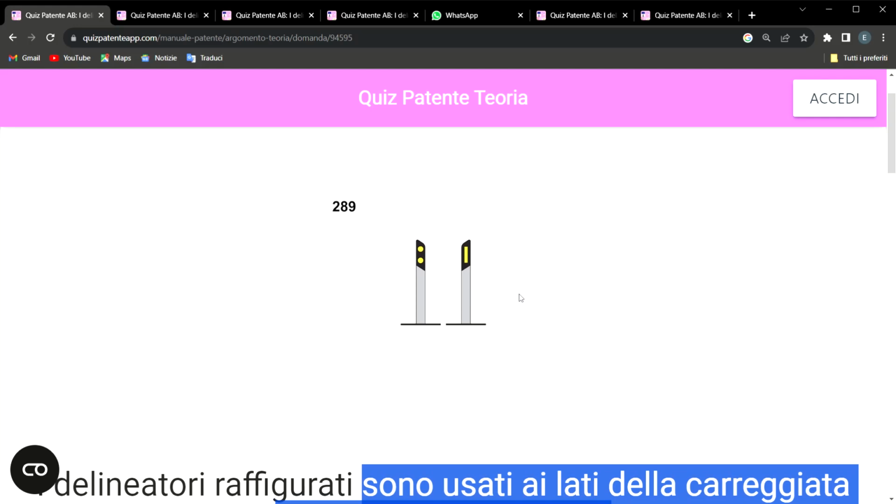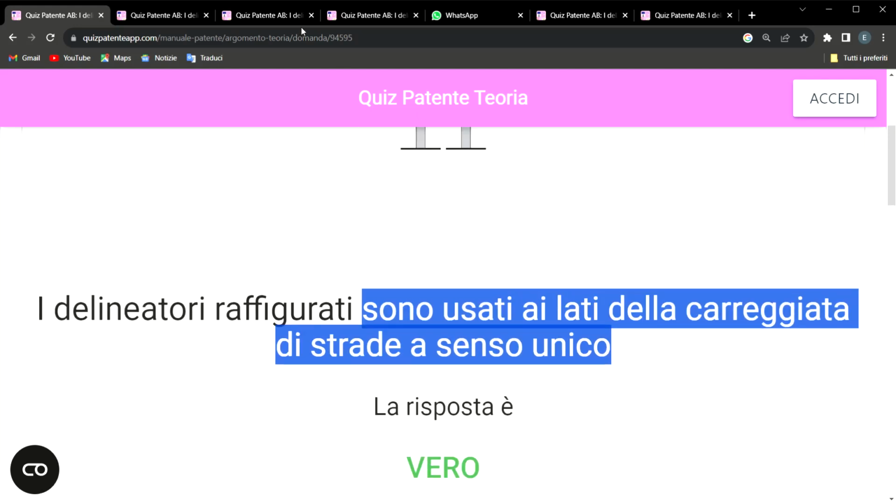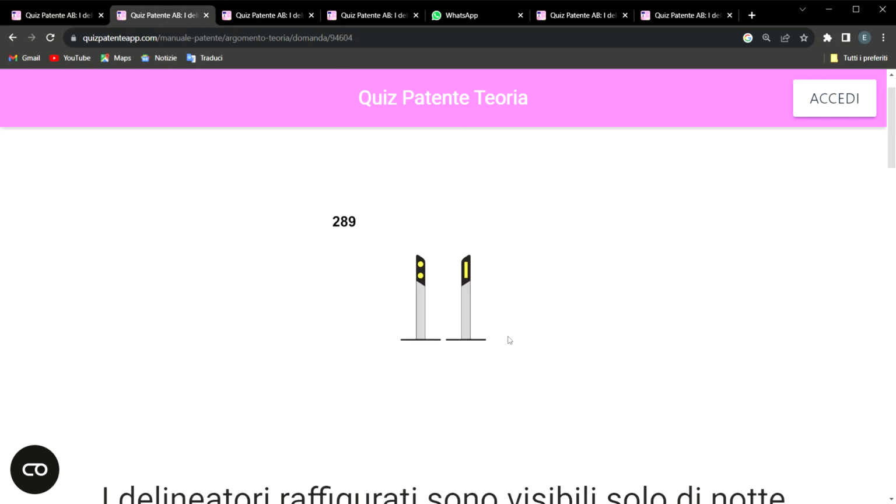And it's vero, because this very one is used for sensor unico, while the other one is for Doppler sensor. So take note of that.